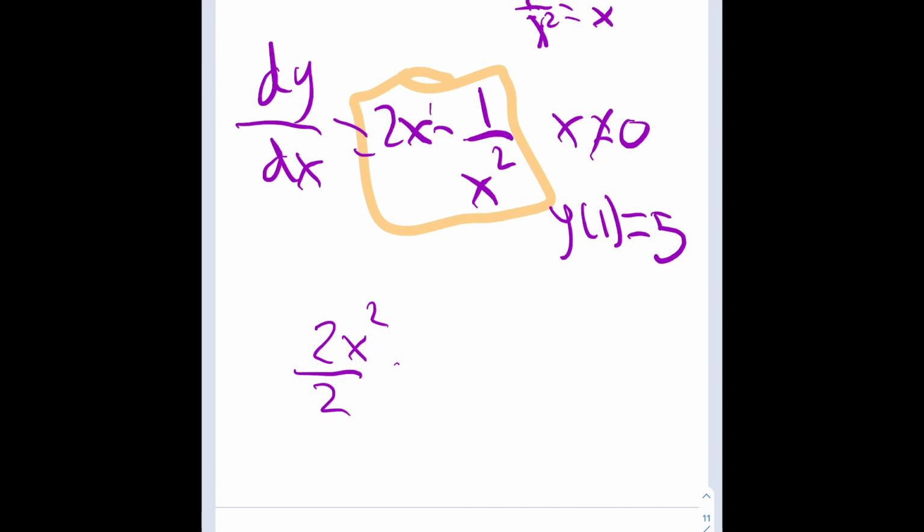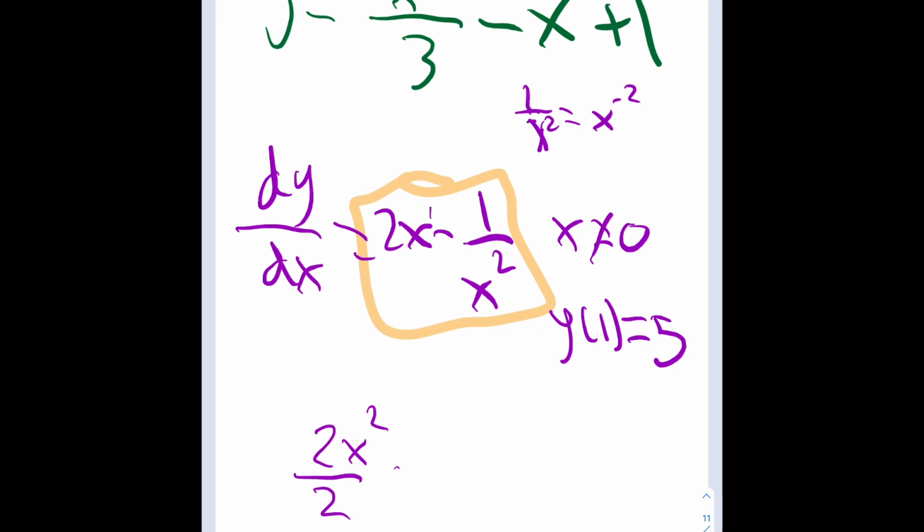So I'm going to bring that down, and then so this would be like saying, okay, negative 2x, negative 2 minus 1, negative 3.